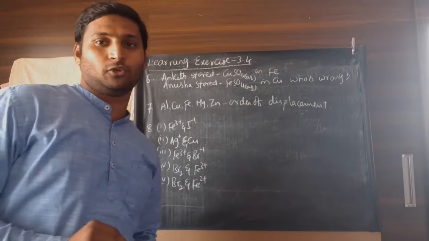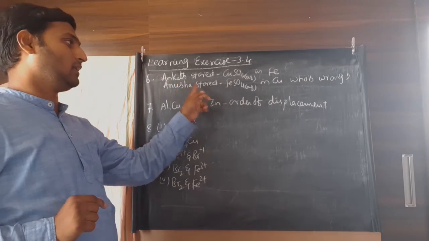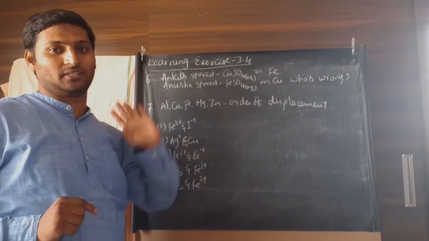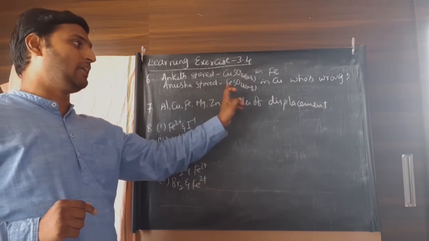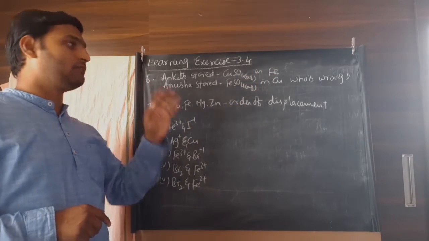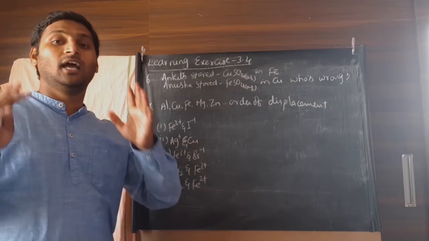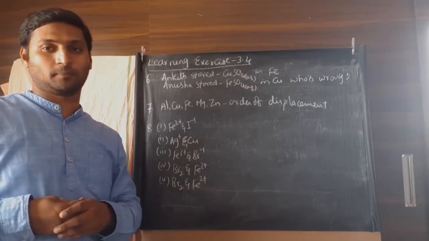In the 6th question, if you notice, a guy Ankit has stored copper sulfate solution in an iron vessel. A girl Anusha has stored ferrous sulfate solution in a copper vessel. The question asked is, out of these two students, who is ignorant of electrochemistry, who doesn't know electrochemistry and why?